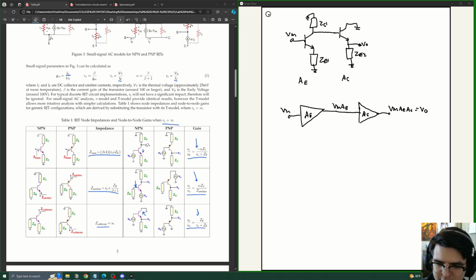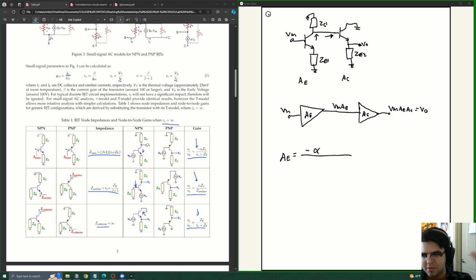So let's do that analysis. This is where the input impedance comes in. If I'm trying to find the gain of AE, I'm going to apply the equation from our table: negative alpha, and then the collector impedance. Looking into the collector impedance, now it's not just ZC1. Now it's ZC1 in parallel with the impedance looking into this base.